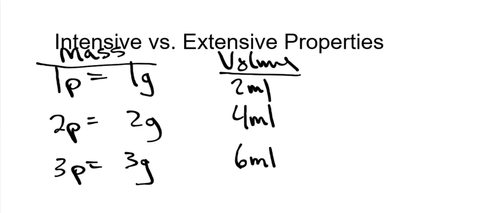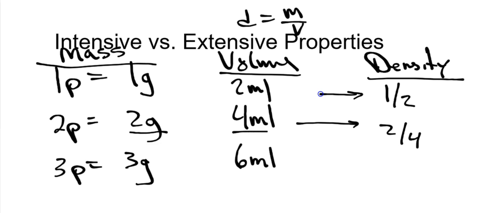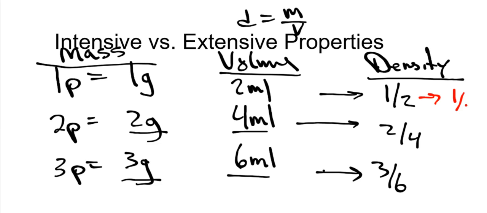And the density then, we'll put it over here, density equals mass divided by volume. So I take my mass, it's 1 over 2 for 1 penny. All right. For 2 pennies, it's 2 grams divided by 4. And for 3 pennies, it's 3 grams divided by 6. Now, you hopefully are good at math. 1/2 reduces to 1/2. 2/4 reduces to 1/2.